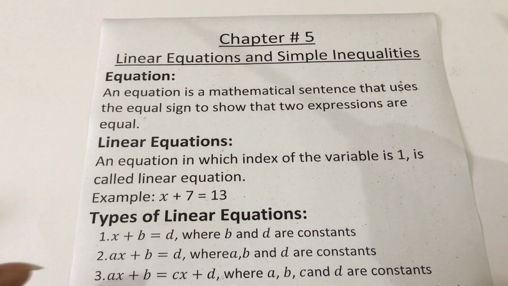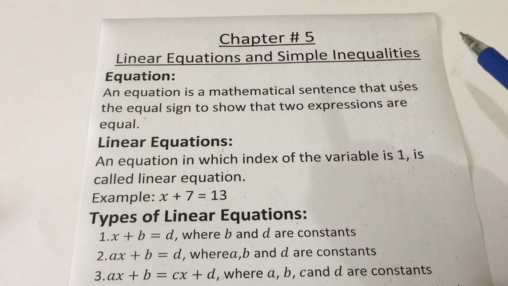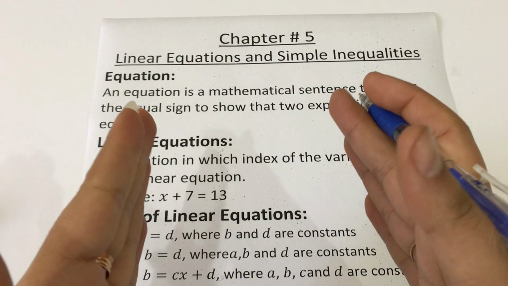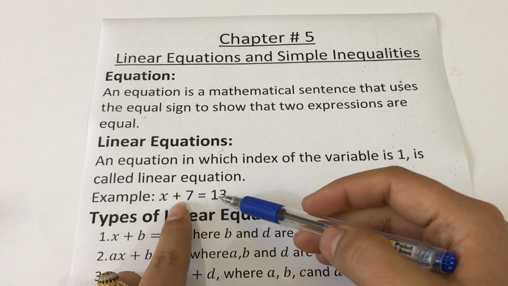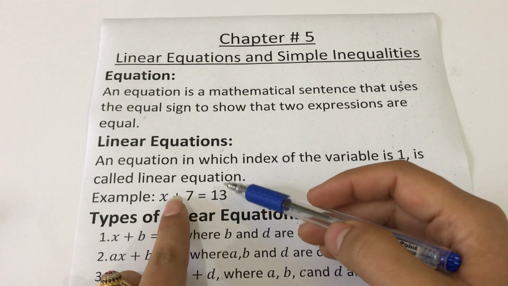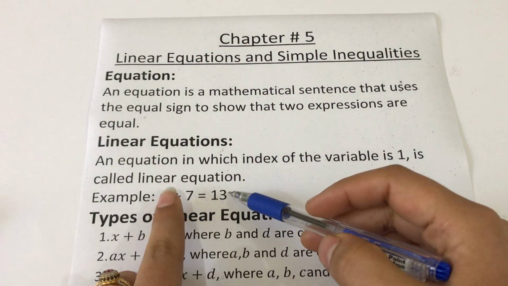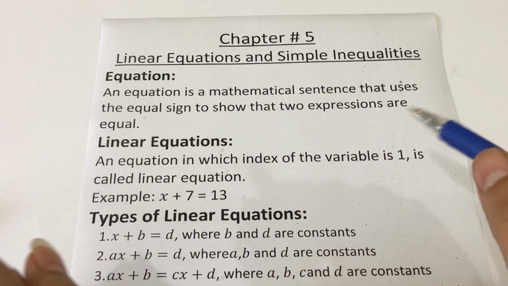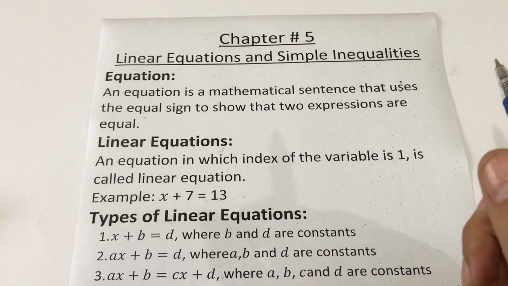Right? In an equation, what we use? We always use an equal sign to show that both sides of an equation are equal. Right? To show that the expressions on both sides of an equation are equal.